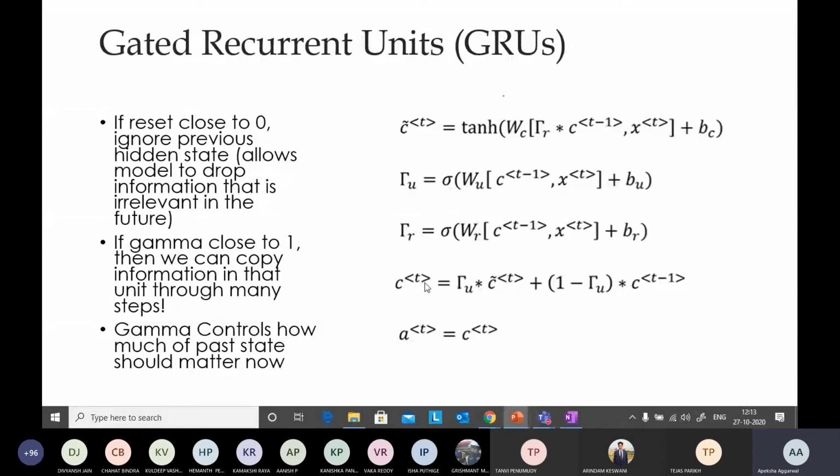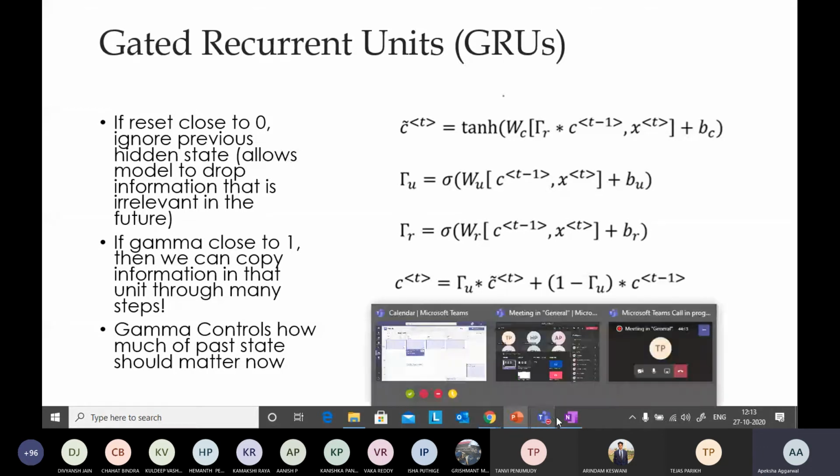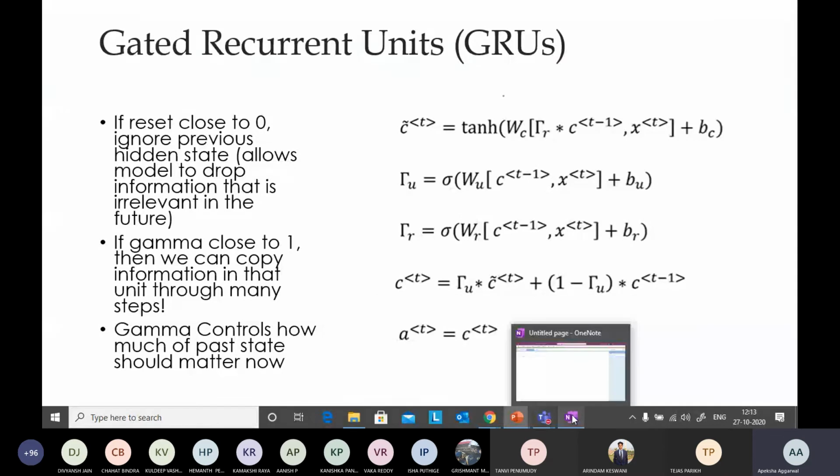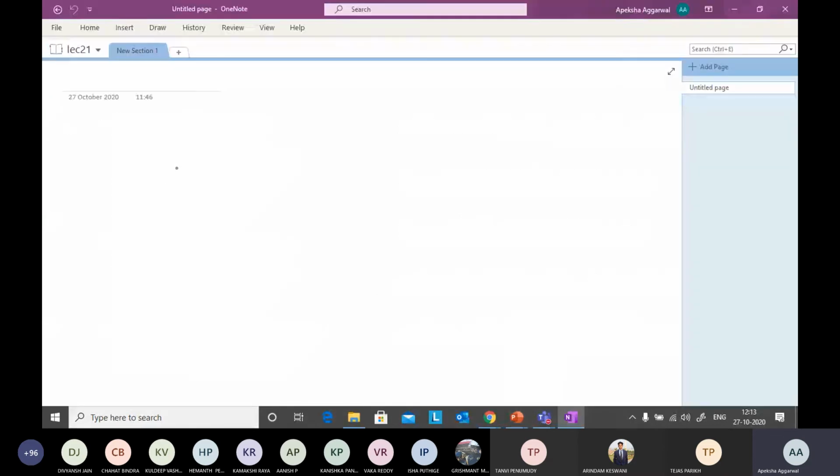Okay, I will draw it in a notepad over here. So the first thing that we have in this is xt, which is the input for the tanh. This is a very small box.